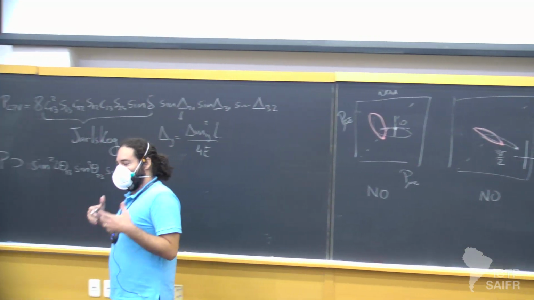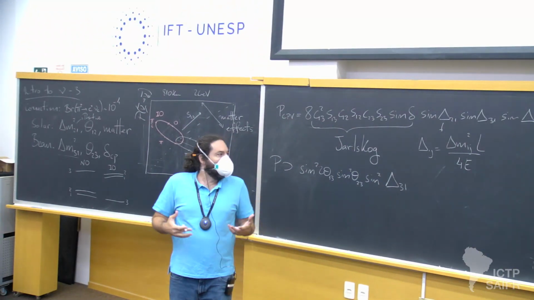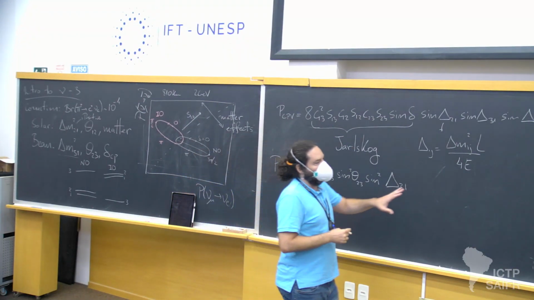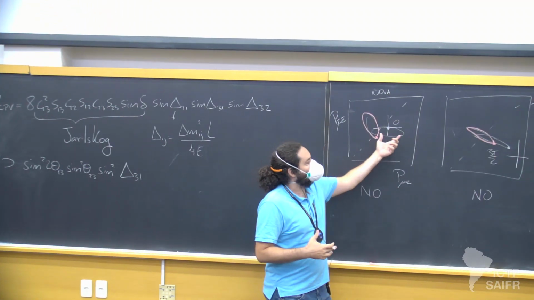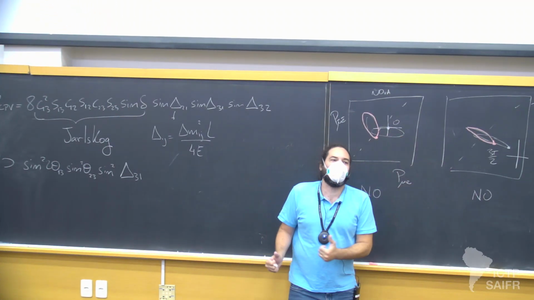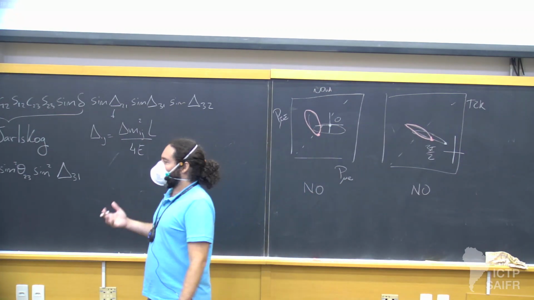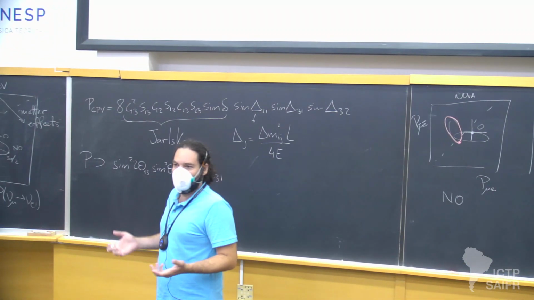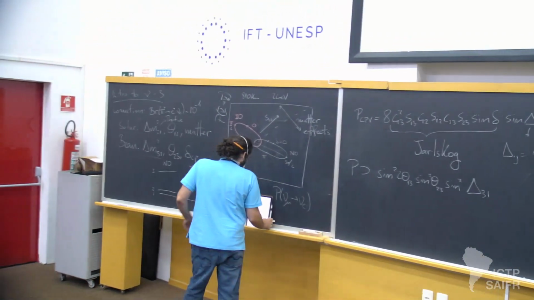So this is how this kind of plot can help you understand this stuff. Alone, T2K and NOvA prefer normal ordering with their latest data. When you combine them, because they don't prefer the same value of delta, they actually have a slight preference for inverted. That is to say that the mass ordering is still a big open problem in neutrino physics. We really don't know what the mass ordering is. We need more data to solve that.